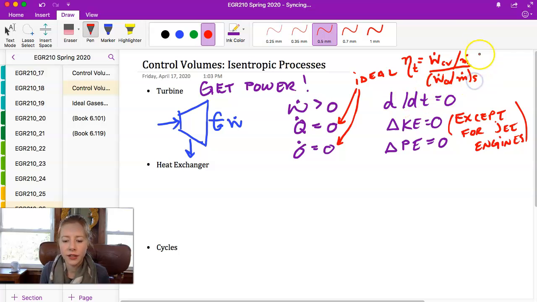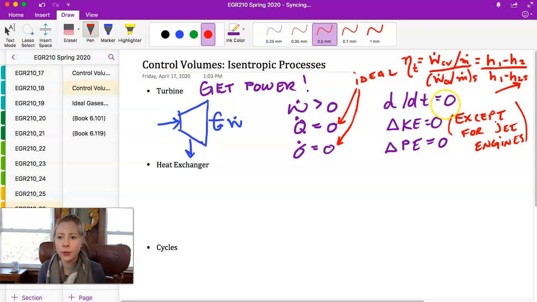That's what that S is. And so this is going to be equal to H1 minus H2 divided by H1 minus H2S. And that H2S is where delta S is 0.